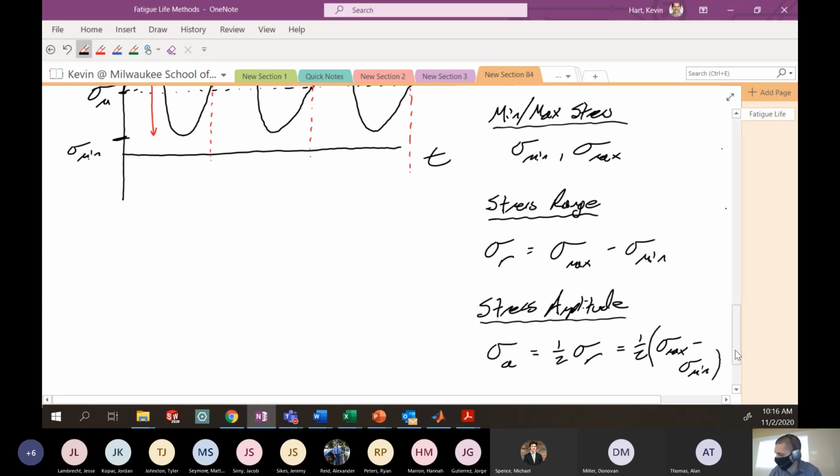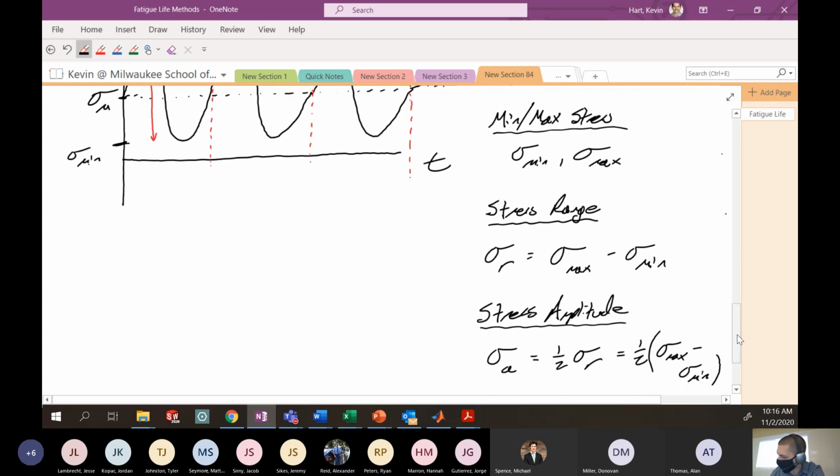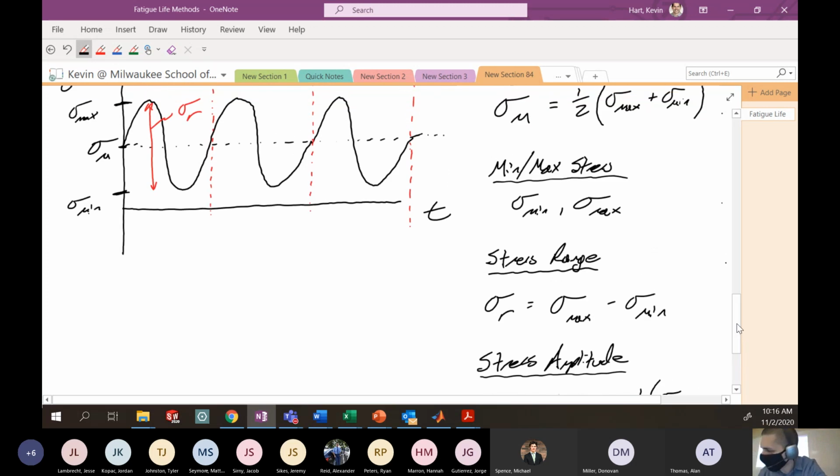Sorry, ran out a little bit of space there. Hopefully you can see that. And the stress amplitude is just the amplitude of your sinusoid, obviously. Pretty straightforward. So the stress amplitude will be something like this distance here.